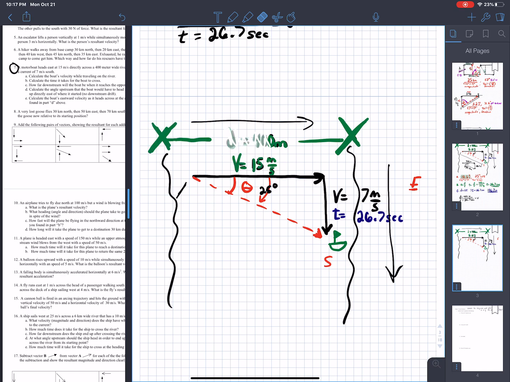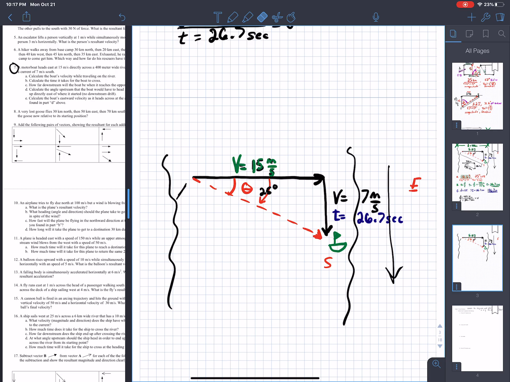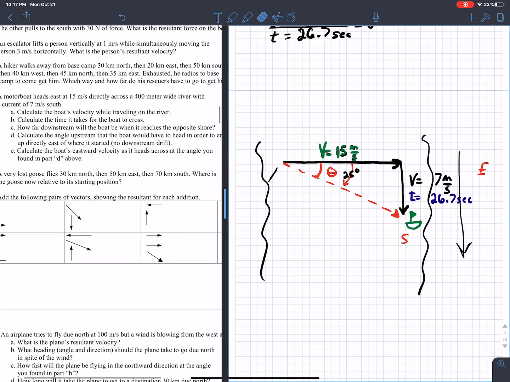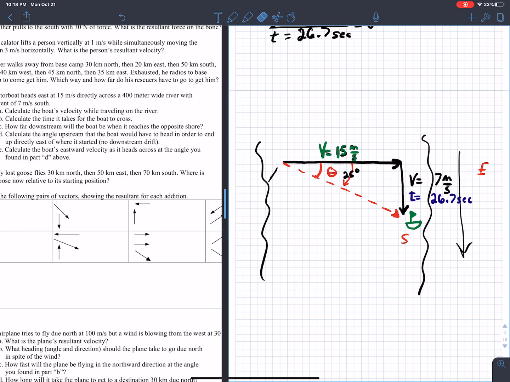Our boat, instead of it being pointed straight across the river, now we're going to have the boat point up at an angle. So it says, for this now, calculate the angle upstream that the boat would have to head in order to end up directly across the stream, so it's not going to drift downstream at all.